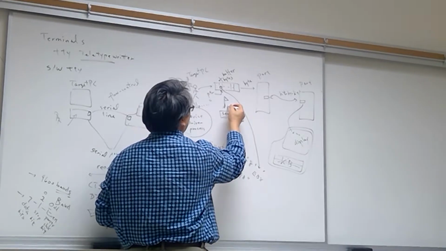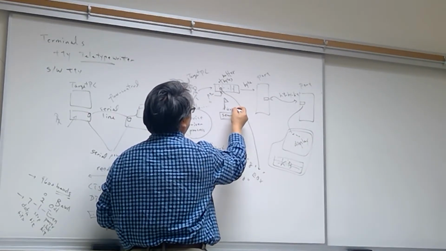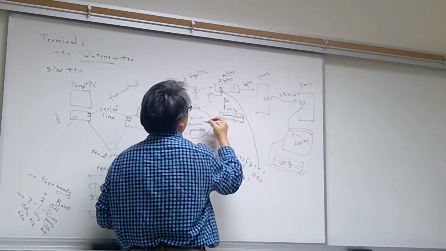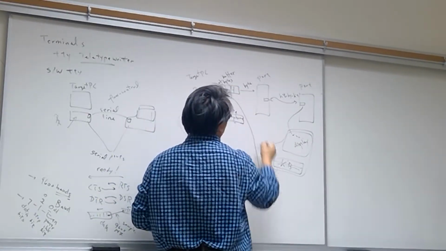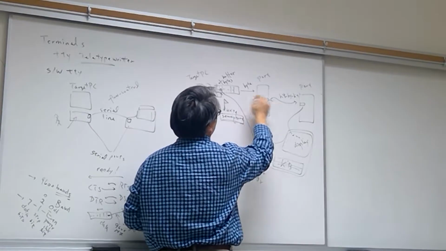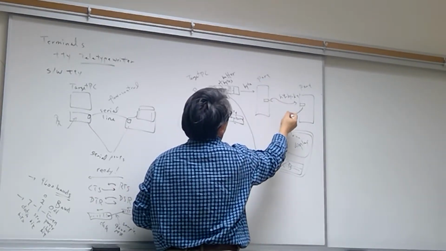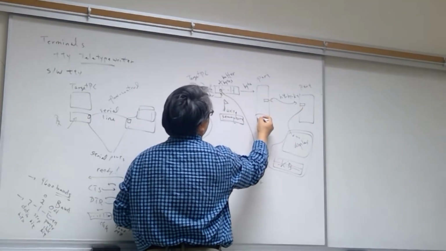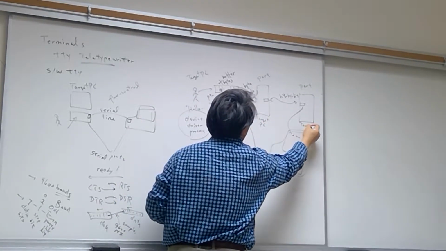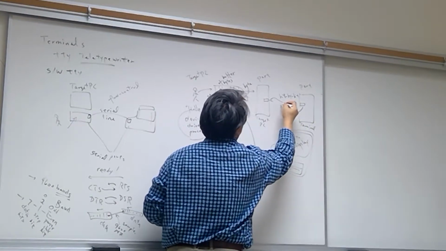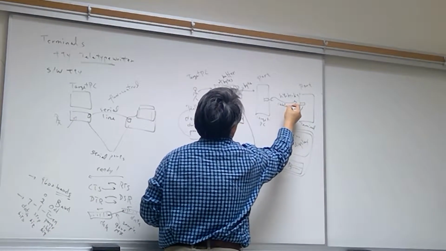So there will be a write semaphore telling the device driver that writing is available, so the characters can be output to the port that's connected to the terminal. So this is the target PC side, and that's the terminal side. And this is the cabling. All right.